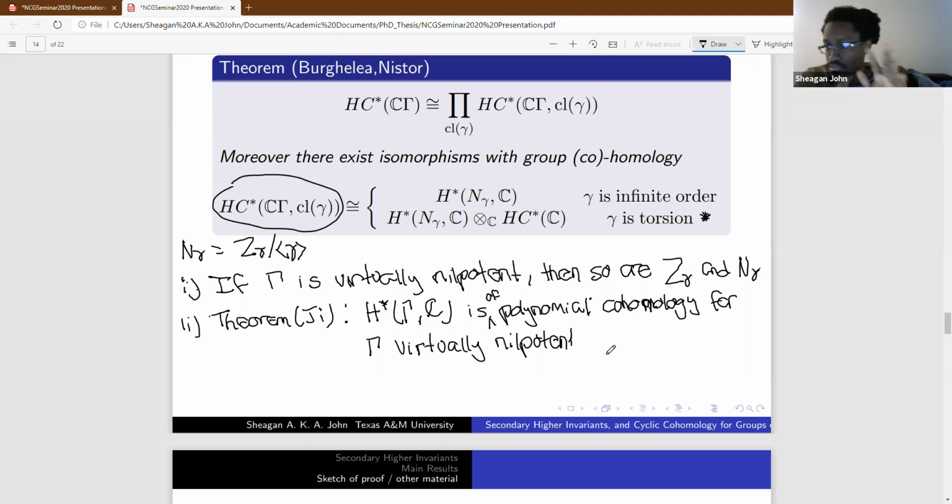Now the tricky part here is that simply having an isomorphism does not tell us whether our isomorphism preserves the growth conditions on our cyclic cocycles. To actually show this, we need a much more detailed geometric argument. So the isomorphisms simply give us a clue as to how we might approach this.